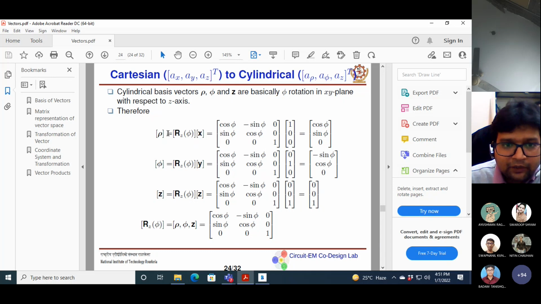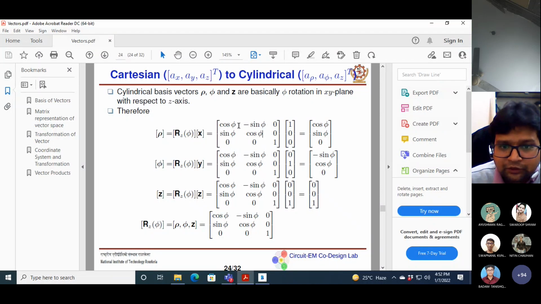Now this x has been rotated by phi with respect to the z axis. This is the same rotation matrix we discussed earlier, the rotation in the xy plane, and the amount of rotation is phi.